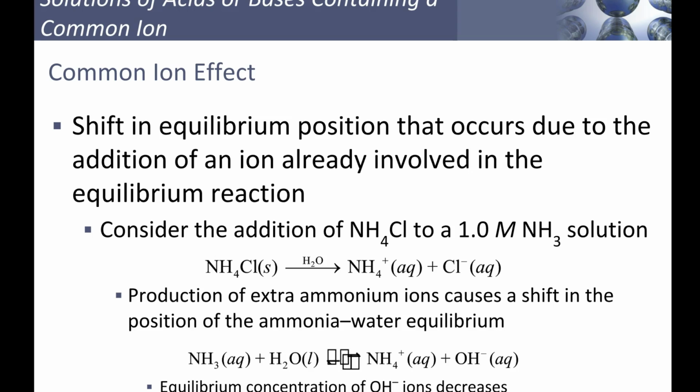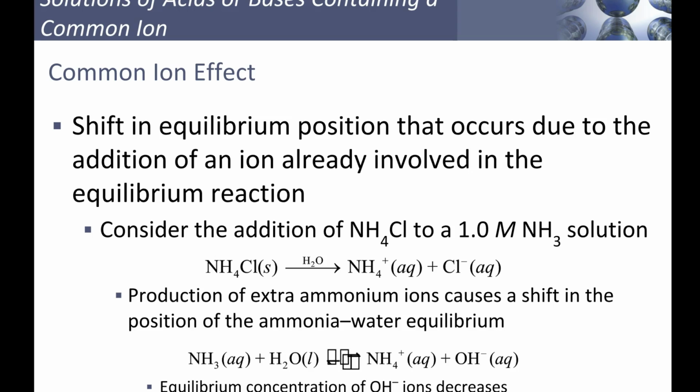Okay. So let's consider something like ammonium chloride. Ammonium chloride dissociates, you get ammonium and you get chloride. Okay? So production of extra ammonium ions causes a shift in the position of the ammonia-water equilibrium. And if you had in the same beaker ammonia and water, you have ammonium and hydroxide.